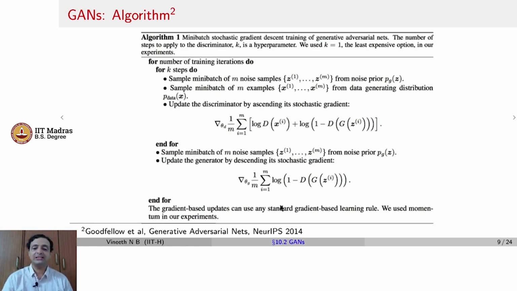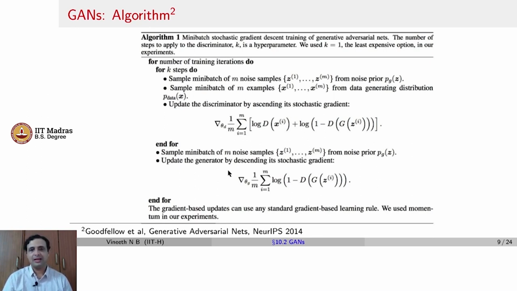So we now like to minimize log of 1 minus D of G of z with respect to the parameters in the generator network G. Now this is repeated over training iterations, and this is used to finally come up with a model for the generator. At test time, what do we do? Once you have trained the full model, you can discard the discriminator. You take a sample from your Gaussian, send it through the generator network, and the image that you get is what you're going to assume belongs to your original data distribution.